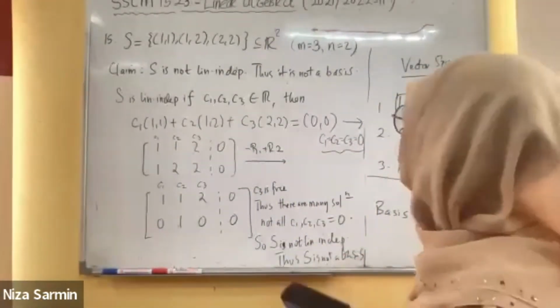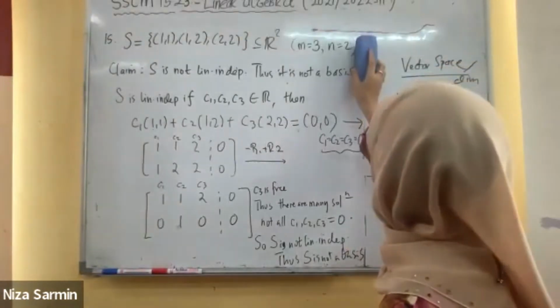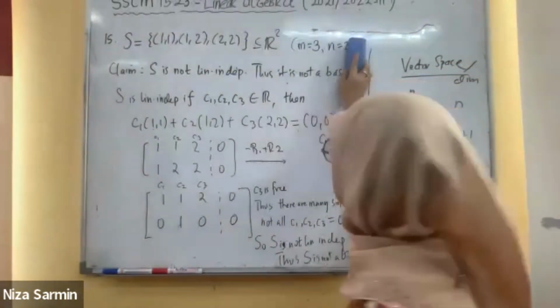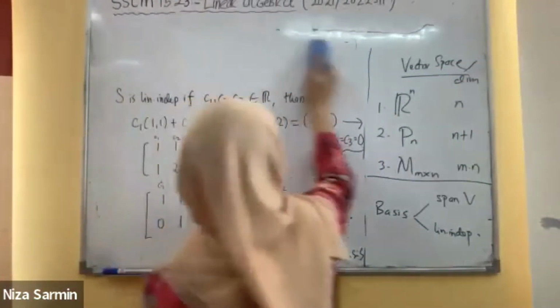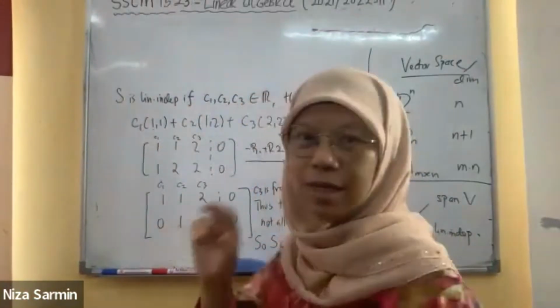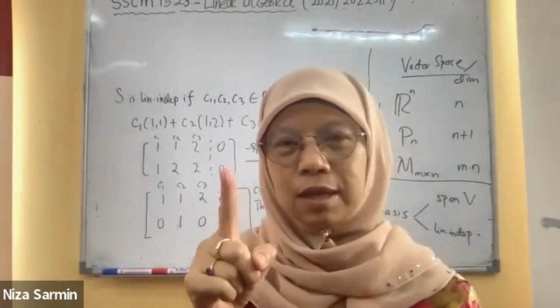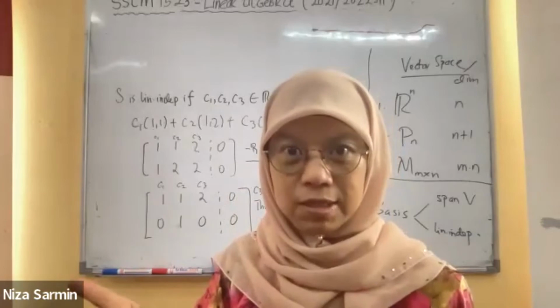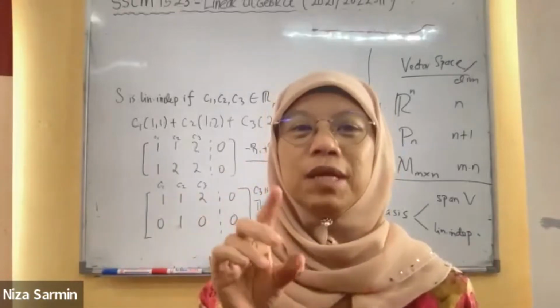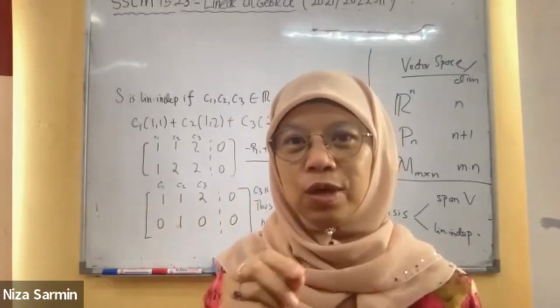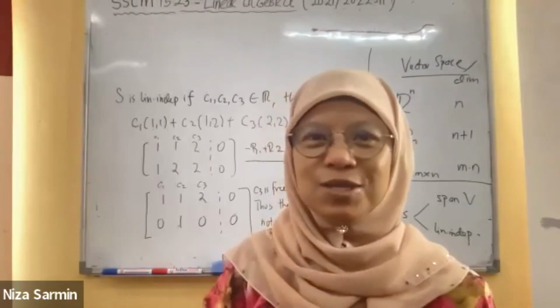Let me put it. So equal, one example for yes, it is a basis. Equal means m equals n. Another one is yes, it is equal, but it is not a basis.